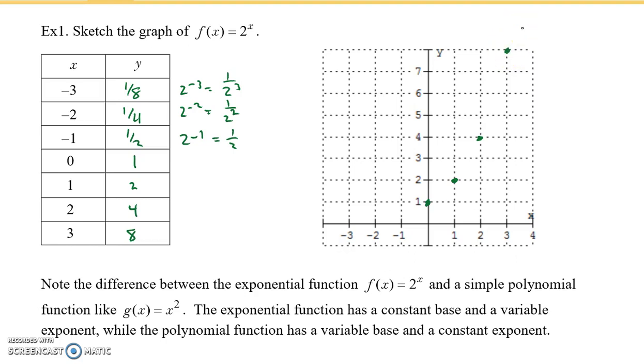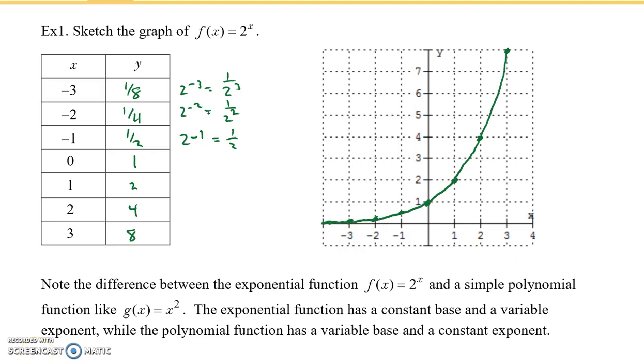Then for the negative exponents, at negative 1, 1/2, at negative 2, 1/4, at negative 3, 1/8. So you can see as we move from left to right, each y value is double the previous y value.